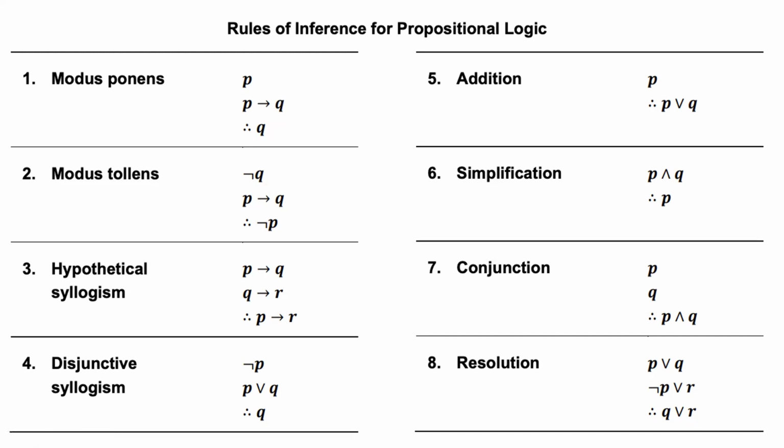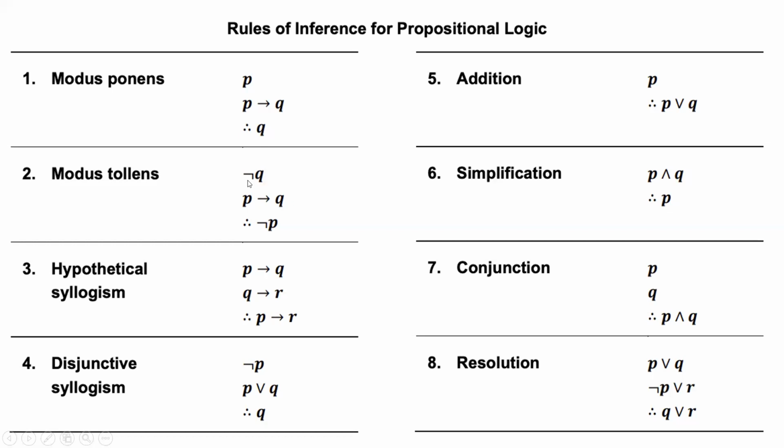Kapag sinabi naman po nating modus tollens, contrapositive po. Halimbawa, if it will rain, then I will stay at home.